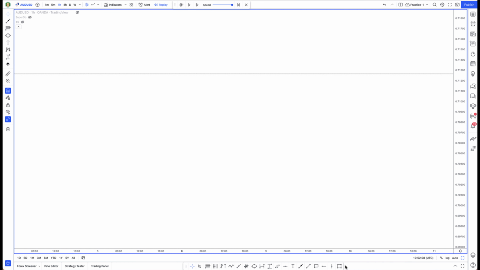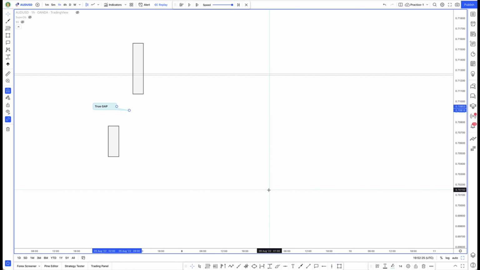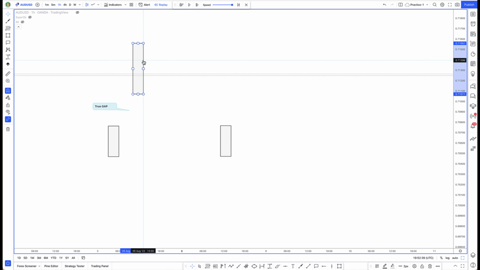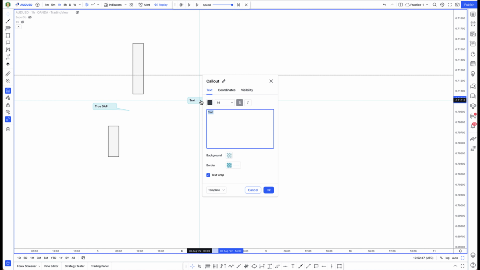So just recapping, there are 3 types of gaps that you would potentially see in the market. This area here would be a true gap. Then this area would be a 2 candle fair value gap.